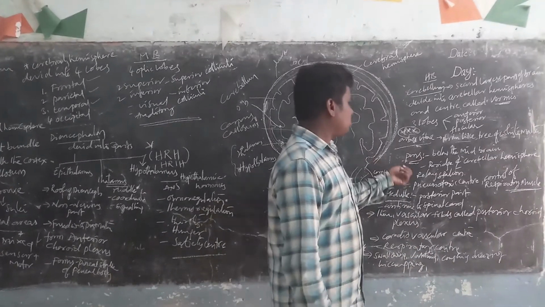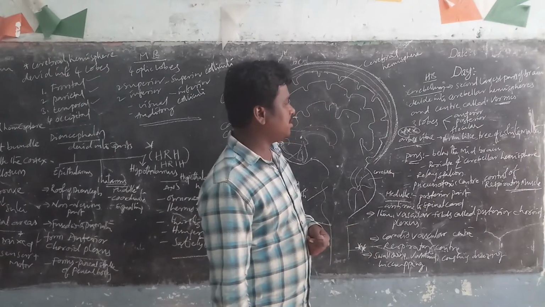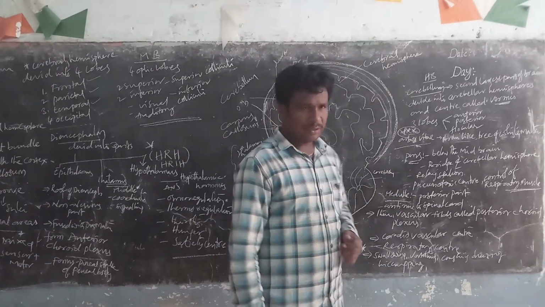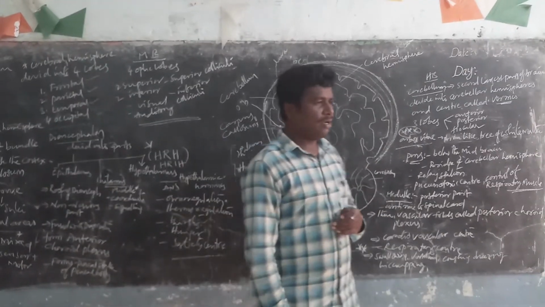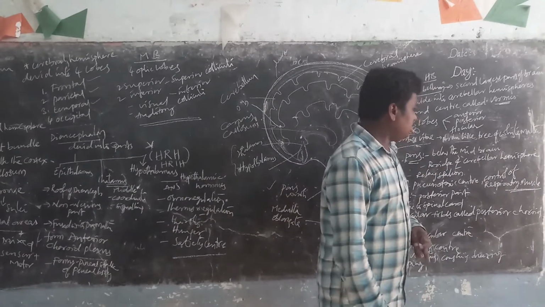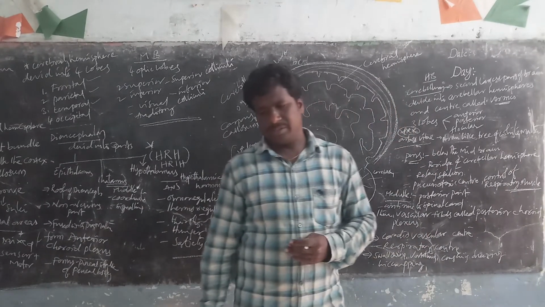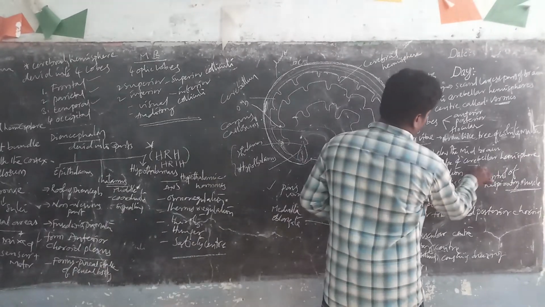Then another one is the pons varolii. Pons varolii is below the midbrain. It is the bridge of the cerebellar hemispheres.